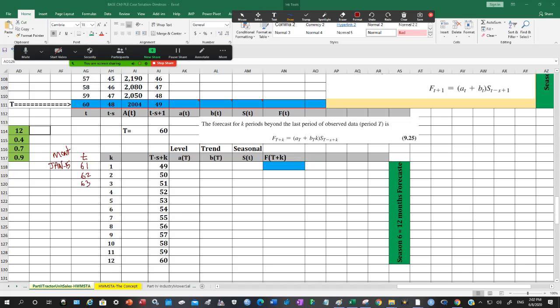So this is the formula to find the forecast for K periods beyond the last period of observed data, period T. Wherever you see uppercase T, put 60 in it.